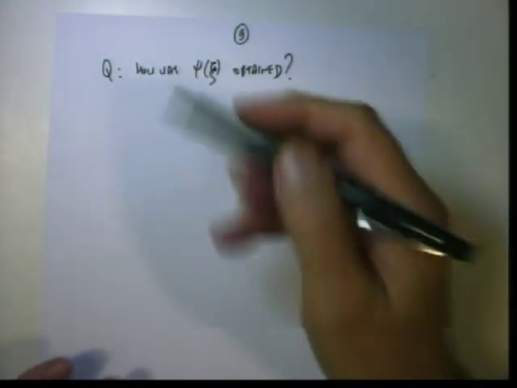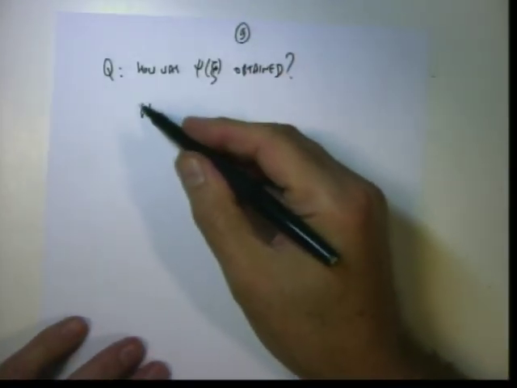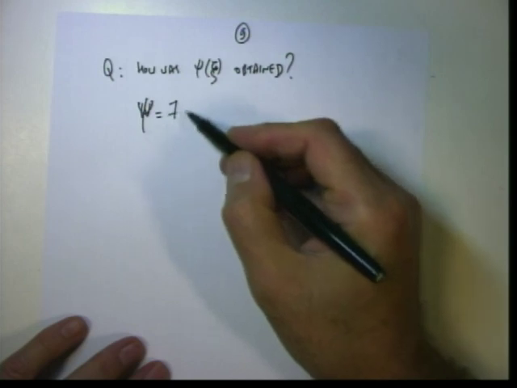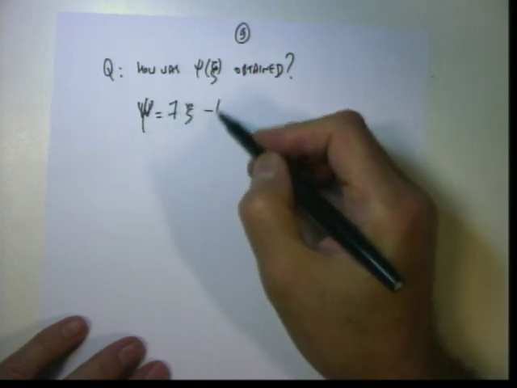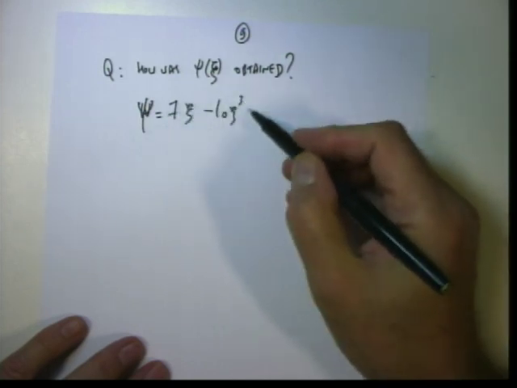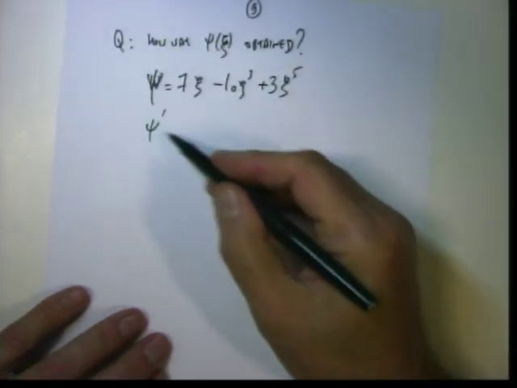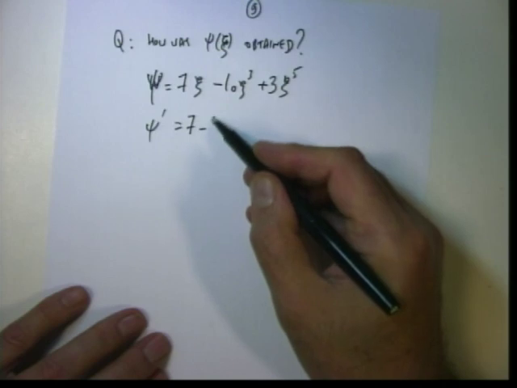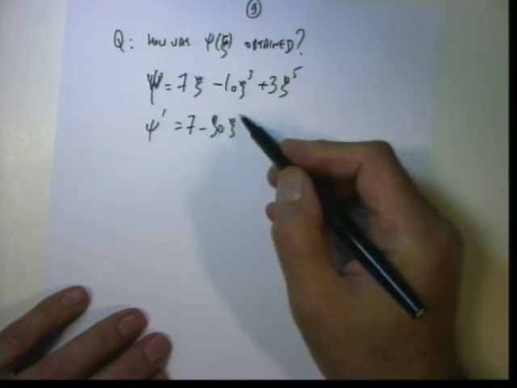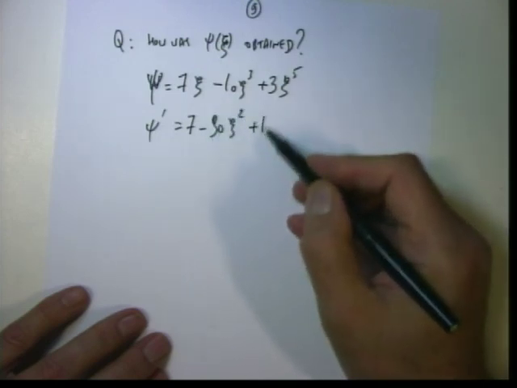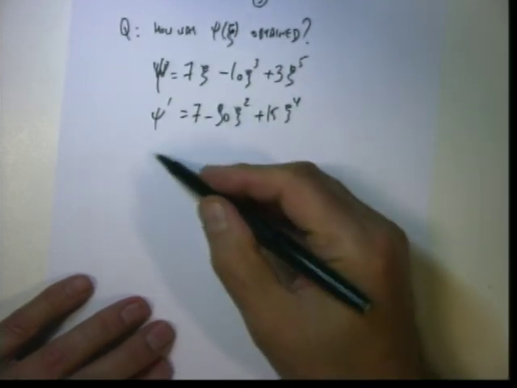But we will pay attention that it is a polynomial. So this psi equals 7 psi minus 10 psi cubed plus 3 psi to the fifth power. Let us calculate the first derivative: 7 minus 30 psi squared plus 15 psi to the fourth power.